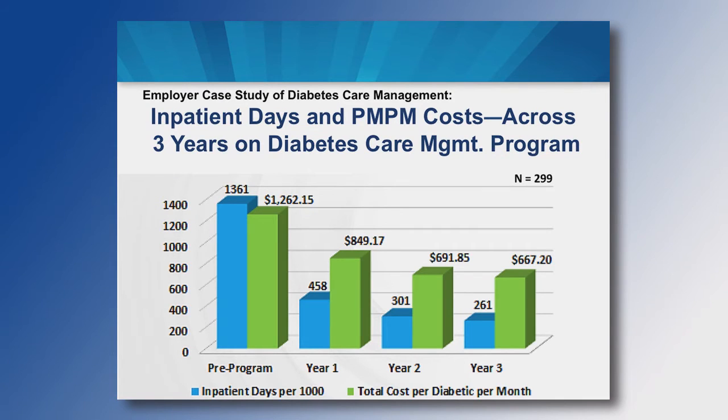As an example, of 299 people where we had the medical and pharmacy claims data 1 year prior to their intervention of being on the diabetes care management program and then 3 years on program, you can see dramatic reduction in hospital inpatient days per thousand and per member per month costs.